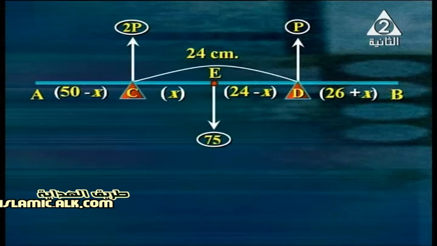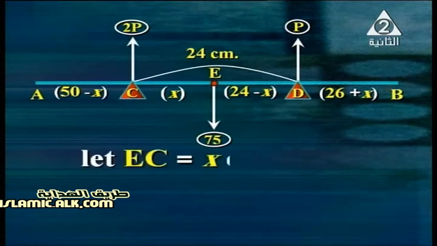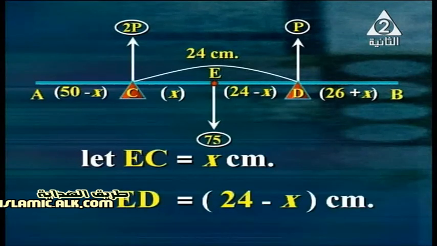We have 2 supports, C and D. The pressure on C is twice the pressure at D. The distance between C and D equals 24. Suppose CE is x, therefore ED is 24 minus x. By using the equation of equilibrium, suppose EC equals x centimeter, therefore ED equals 24 minus x centimeter.